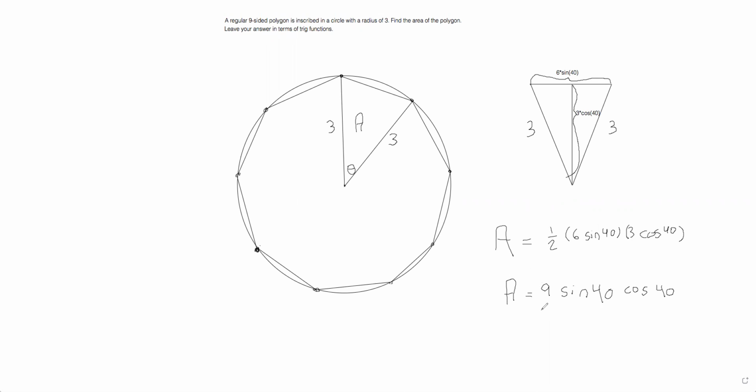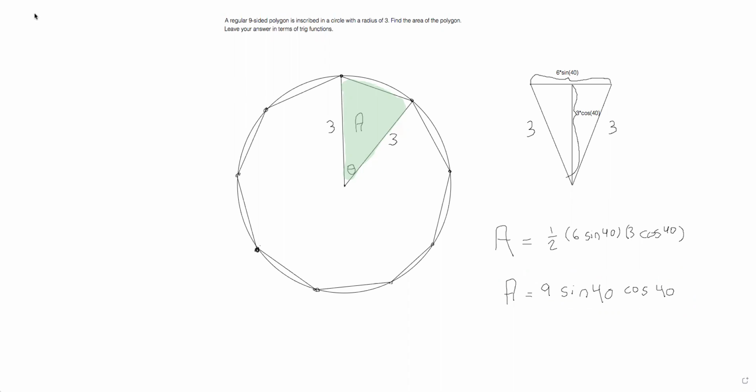So what does this correspond to? This is going to be the area of one triangle. So I'm going to outline this in green. So this right here is the area of the green section of the triangle.